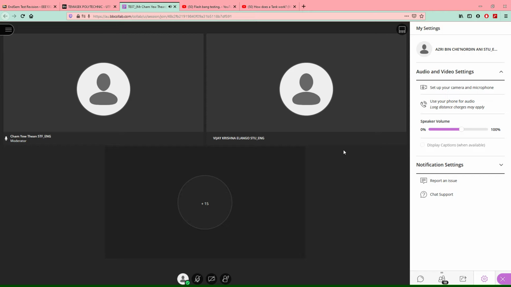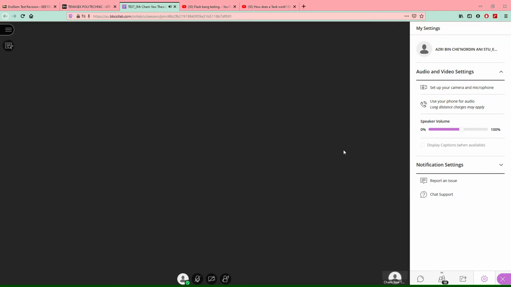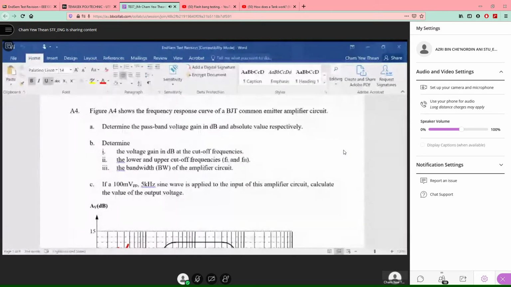Okay, now you can see, right? Now the first question is on the frequency response curve of a BJT CE amplifier.